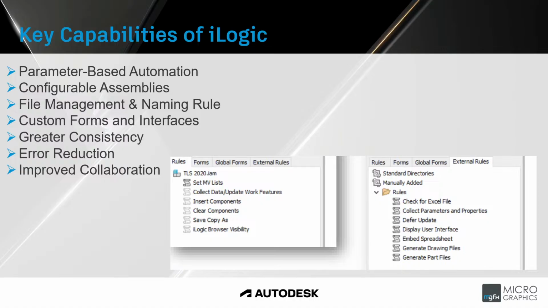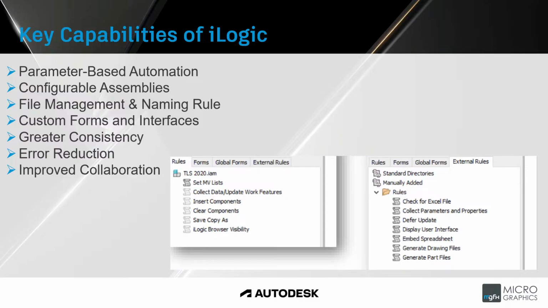Your file management and naming rules: auto-rename parts and assemblies based on project codes. You can save files to specific folders based on your user selection. You can save a configuration with a part number and date stamp. You've got your custom forms and interfaces.